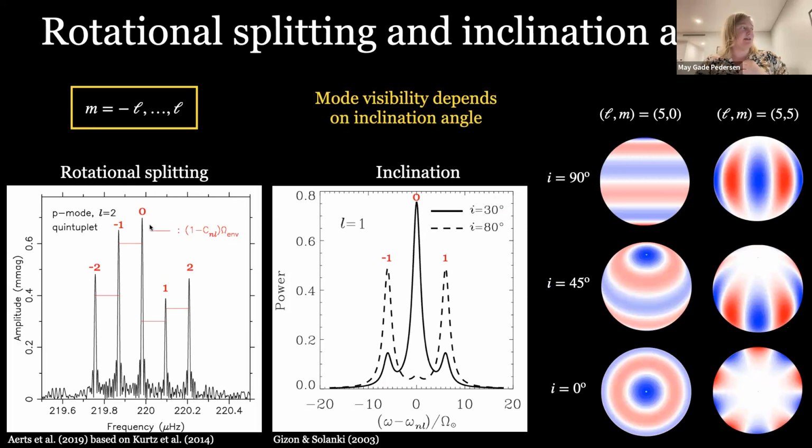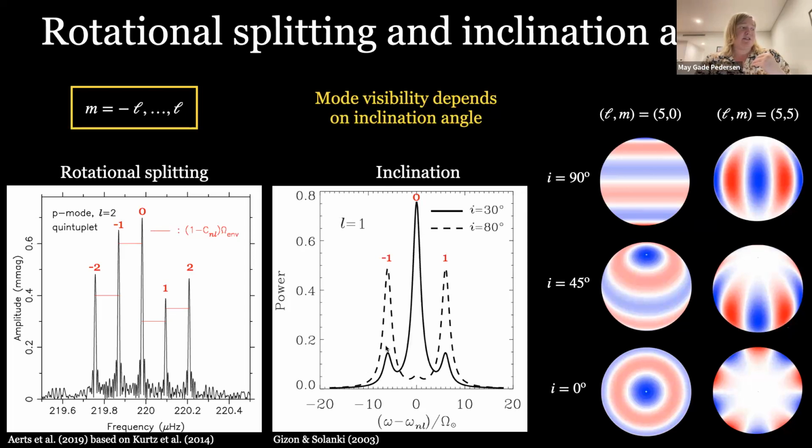So the higher the l value, the higher the number of peaks you get. By studying the rotational splitting, in the case where you can see all three components, the amplitudes change depending on the inclination angle.